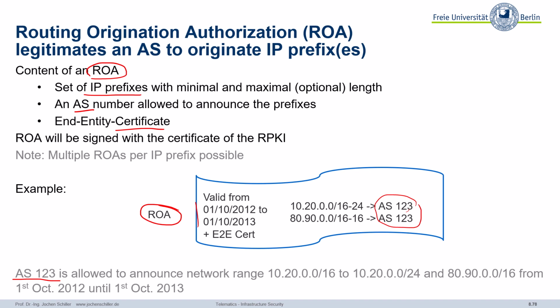So this is the information that basically tells that a certain autonomous system, AS here 123, is allowed to announce certain prefixes. This is not the certificate itself. This just shows, okay, I'm allowed to announce this and that.